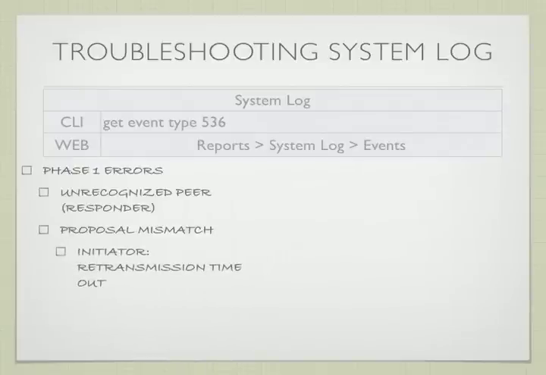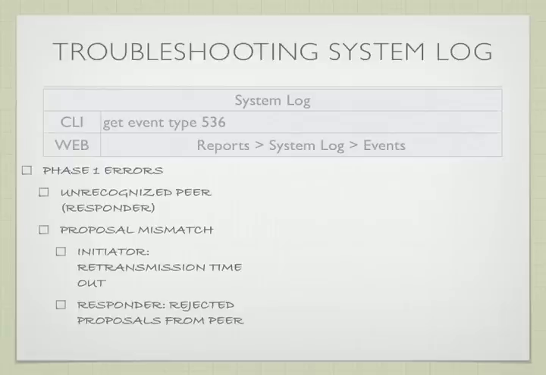The initiator may see transmission timeout, and this means that they're not getting a response back at all for the request, and the responder will see rejected proposals from peer.